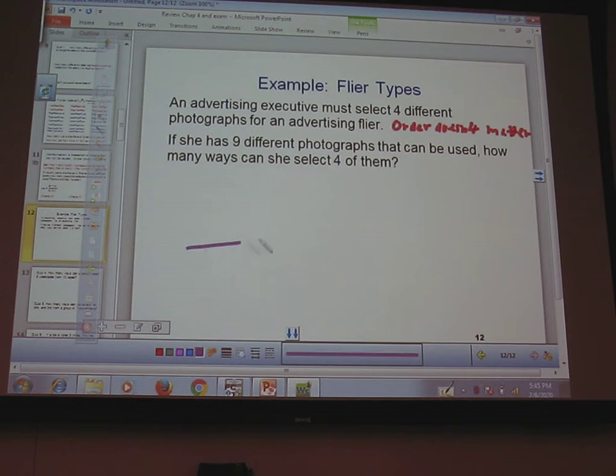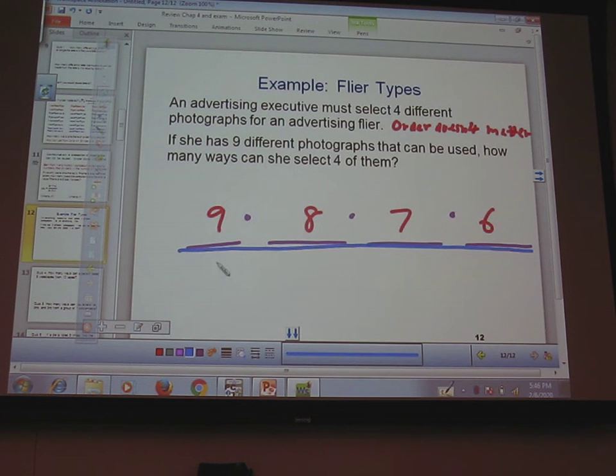So right away, I want to draw 4 lines. How many options are there for the first one I pick? 9. Next one? Next one? Last one? And see, I'm done. I know when to stop. But because order doesn't matter, and it's kind of chaotic, I need to do the other extra step of dividing by, there's 4 items, 4, 3, 2, 1.